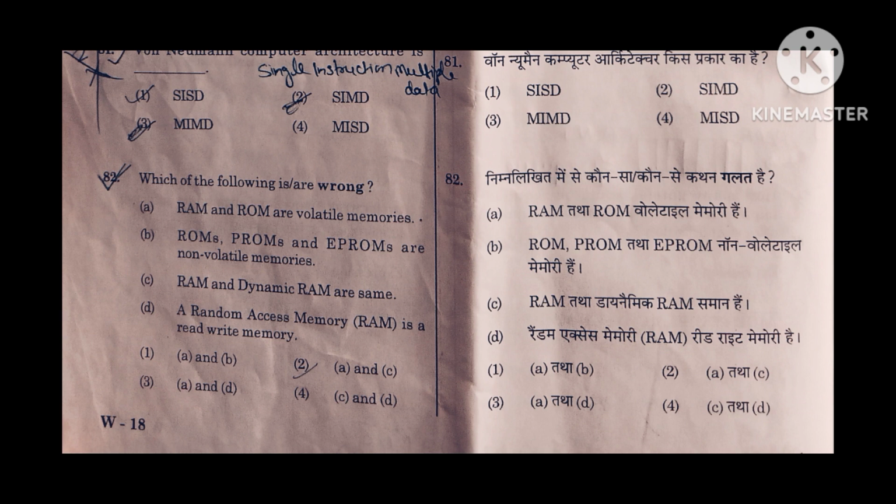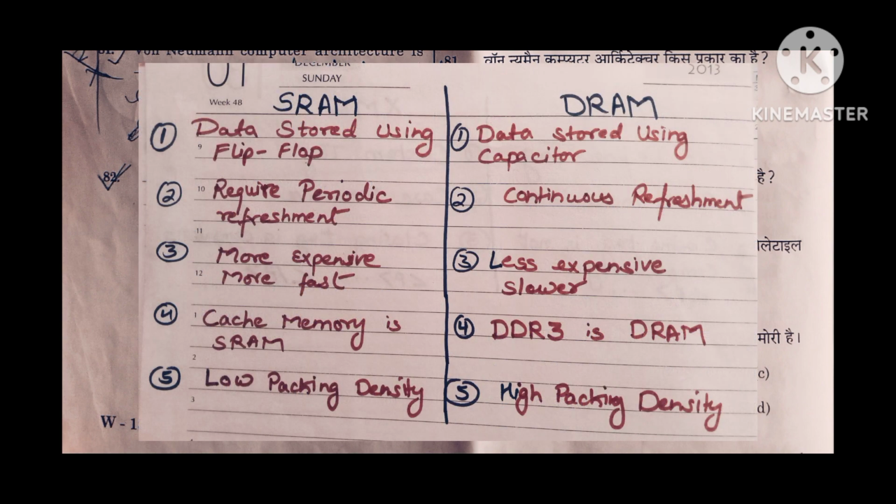Now option C is, RAM and dynamic RAM are the same. No, RAM and dynamic RAM are not the same. Let's see the figure, the difference between SRAM and DRAM. So basically the first difference is that data is stored using flip-flops in SRAM, and in DRAM data is stored using capacitors. The second difference is that SRAM requires periodic refreshment, whereas DRAM requires continuous refreshment.